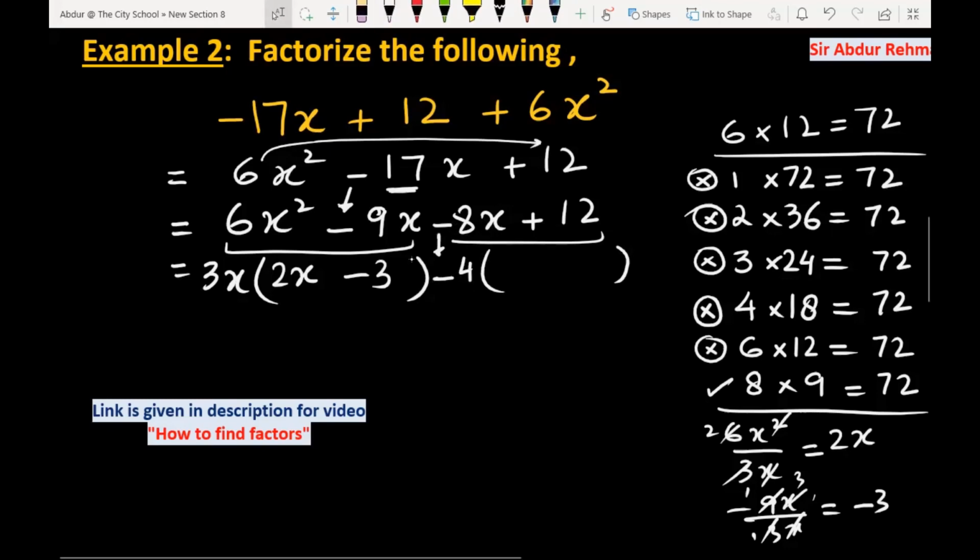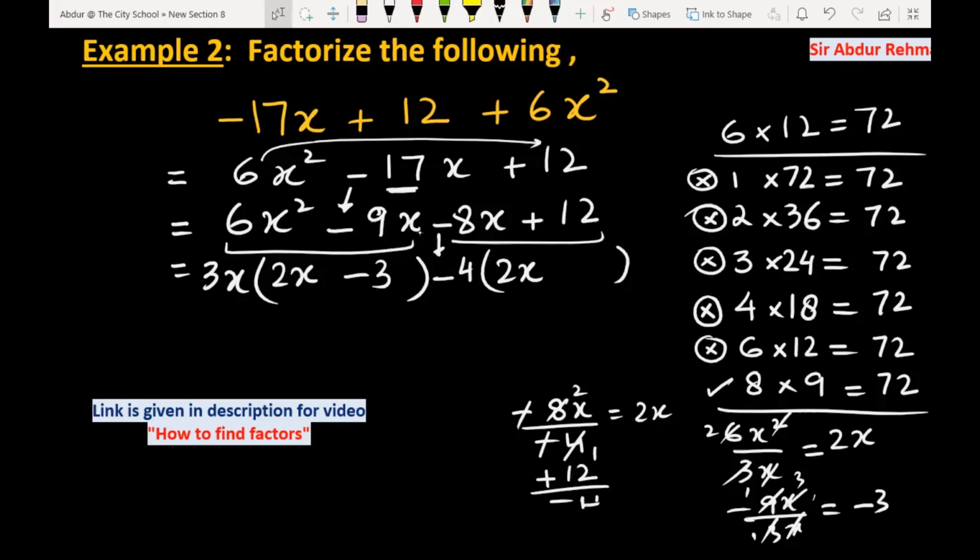Minus 8x divided by minus 4 is 2x. So write down 2x here. And plus 12 divided by minus 4 is minus 3.